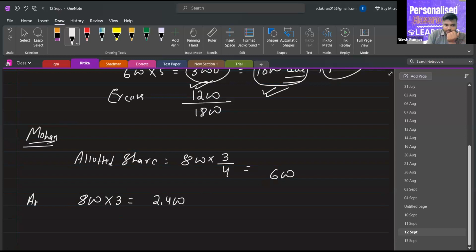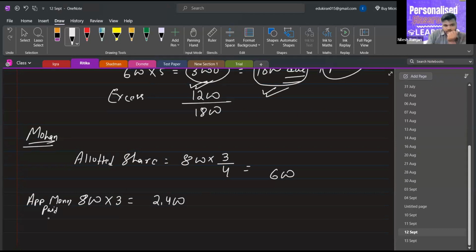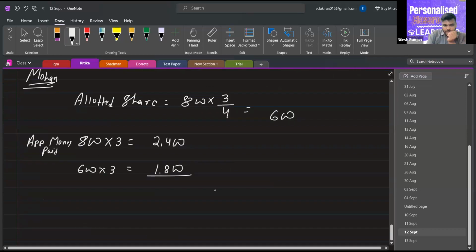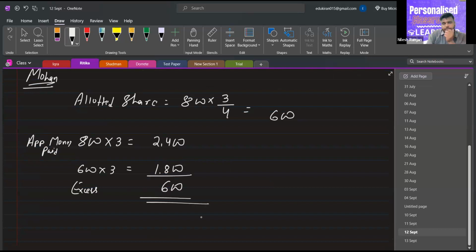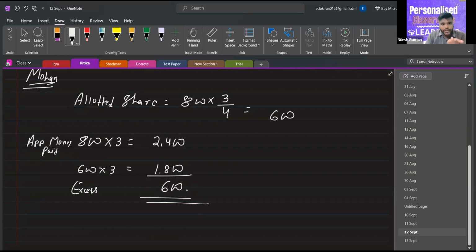Yes. And we have utilized only 600 into 3 because we have allotted only 600 shares, 1,800, and excess amount is 600. Okay, sir. And it will be utilized on allotment.